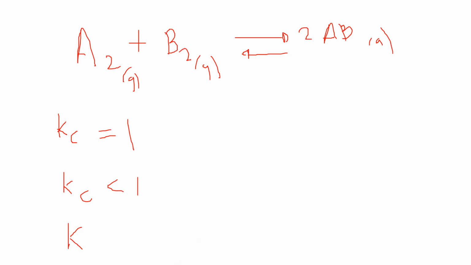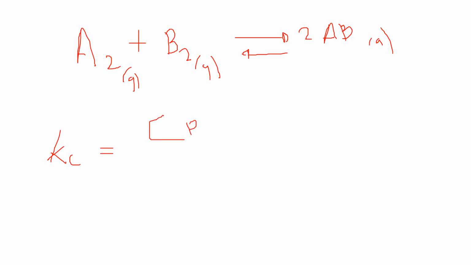The equation of the equilibrium constant is a ratio of the concentration of the products divided by the concentration of the reactants.